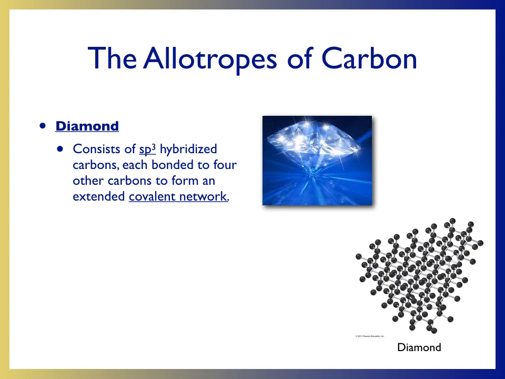Each carbon is bonded to 4 other carbons in diamond, and each carbon is sp3 hybridized, having a tetrahedral shape around them. Basically, a sample of diamond is one big giant molecule because all carbon atoms in diamond are covalently bonded together.